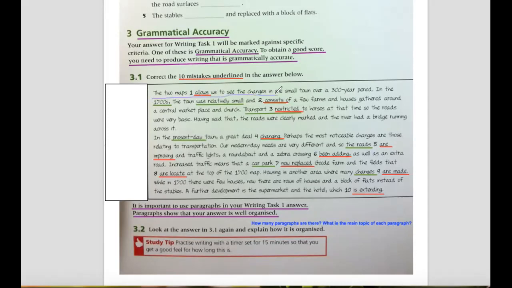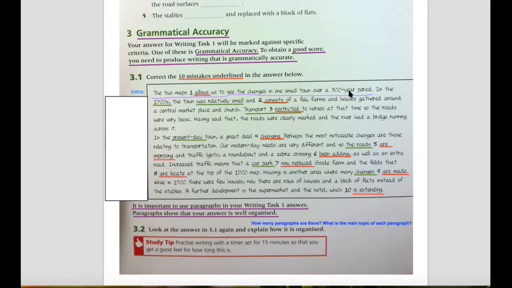So I'd like you to tell me what is this sentence. So pause the video. What is the first sentence that should come at the beginning of every task one? Okay, and the first sentence needs to be our introduction sentence, okay, which is just a paraphrase of the question.